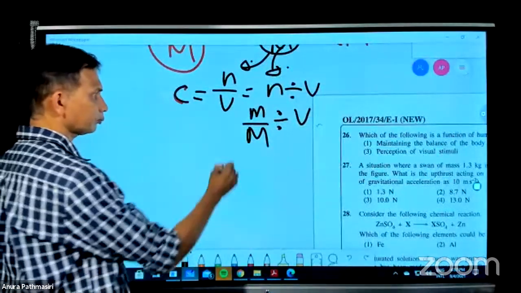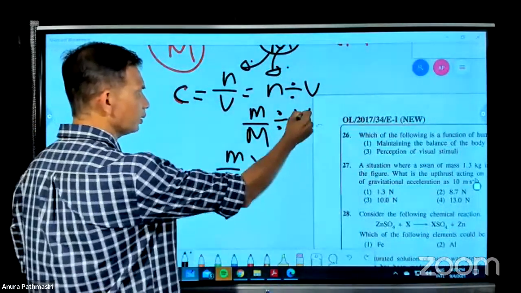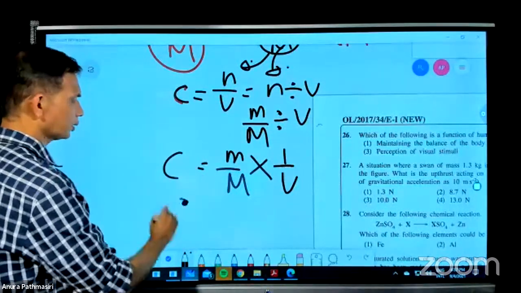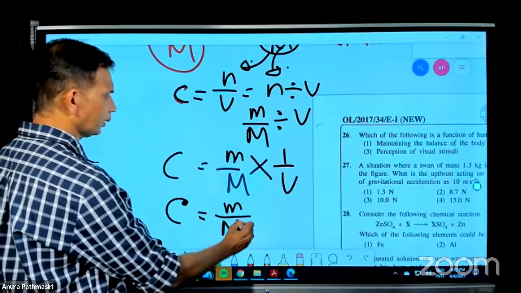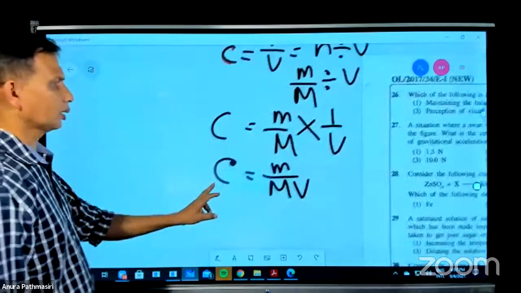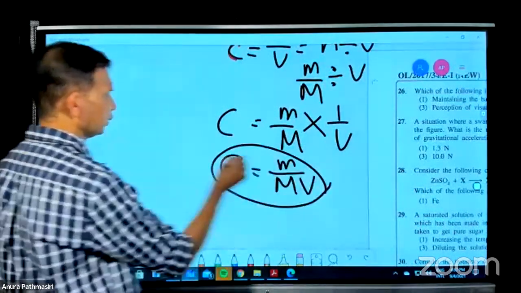Next step, simple m over capital M multiplied by 1 over V. So the concentration equals simple m over capital M V. This is what we have studied earlier.